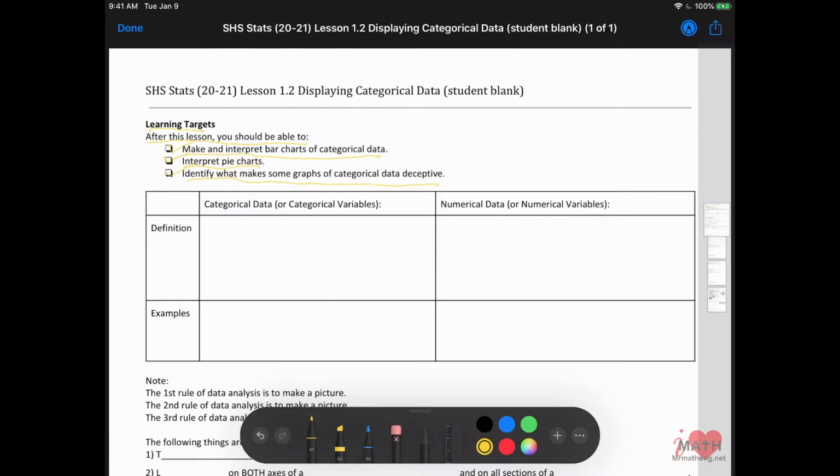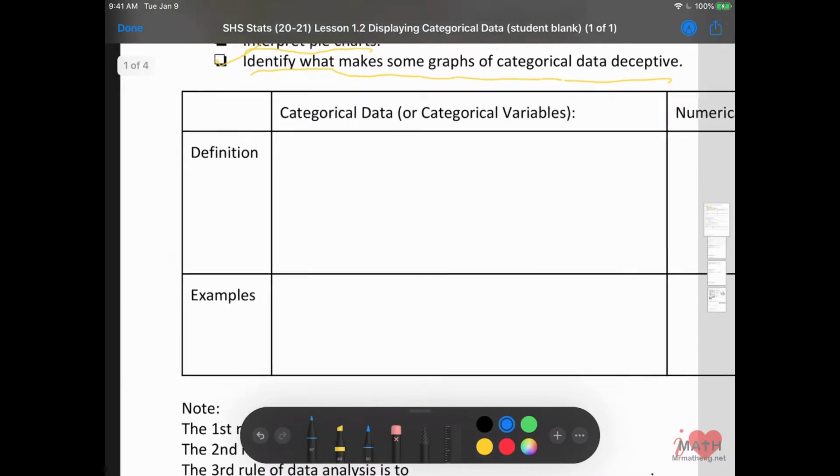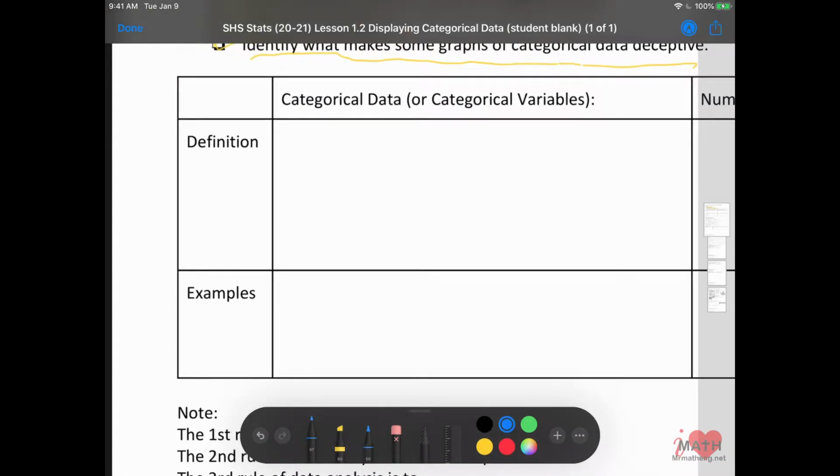So in these boxes, we've already had these definitions, but we're just going to go over those again. Categorical data is when the possible responses fall into categories.